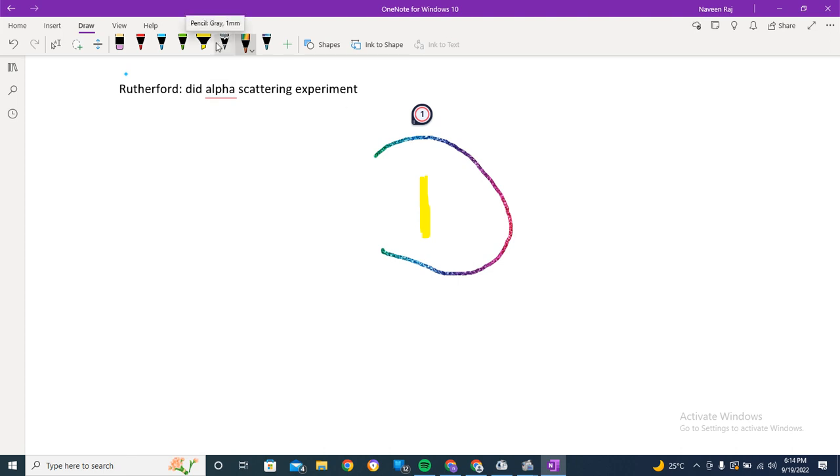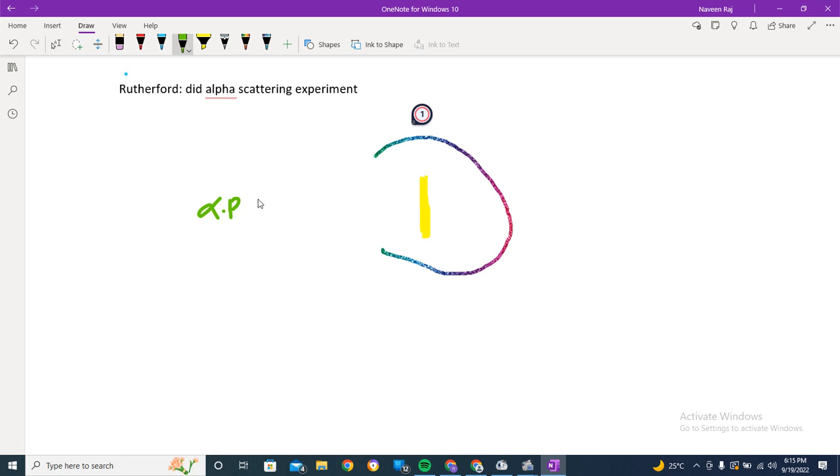We bombarded alpha particles, which are positively charged, like the helium nucleus. So these are alpha particles, which we are scattering over here.